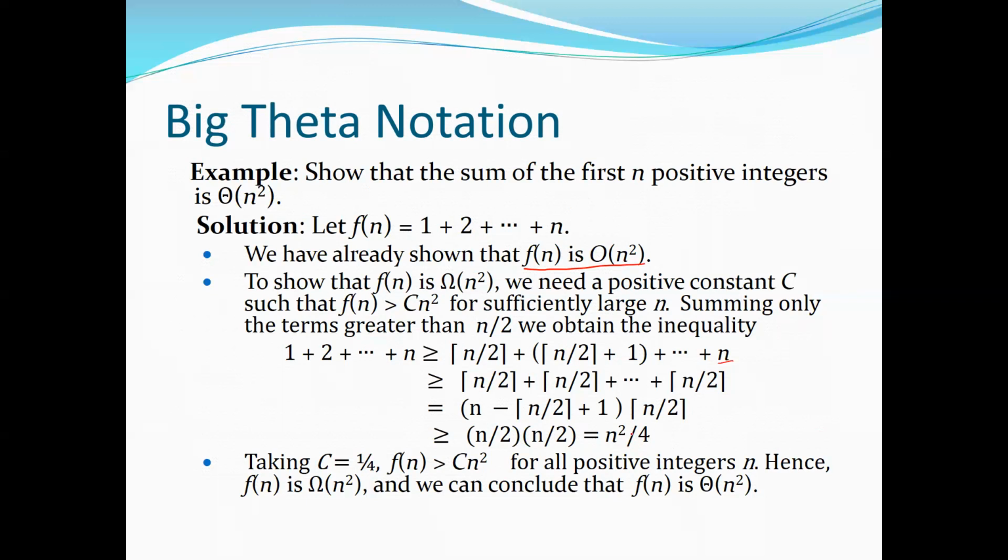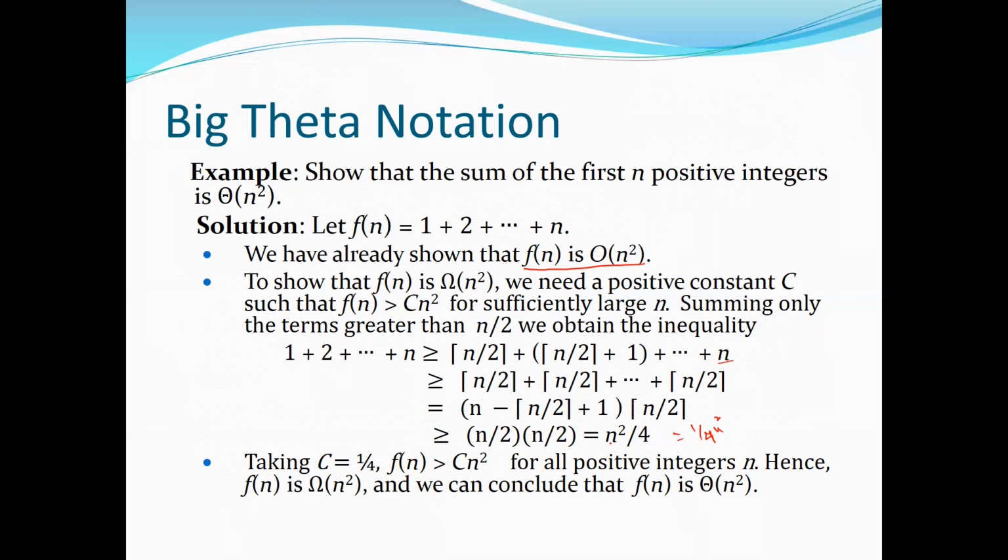So that means this is nothing but 1 by 4 n squared. So this is the c value. If we take c equal to 1 by 4, this inequality becomes true for all positive integers n.